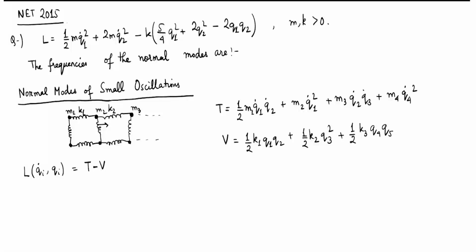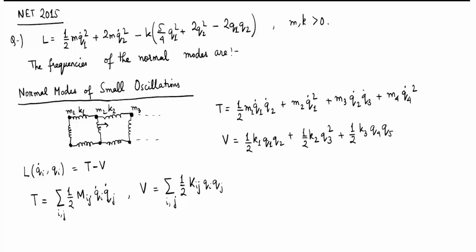So basically, T I can write as the summation over ij of mij qi dot qj dot, and the potential energy V as the summation over ij of half kij qi qj, where mij and kij are some constants.